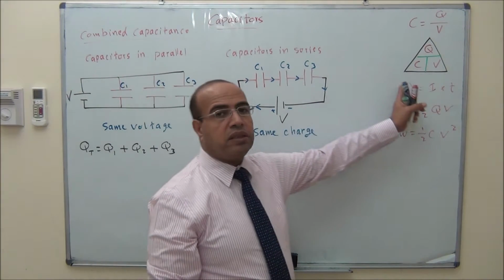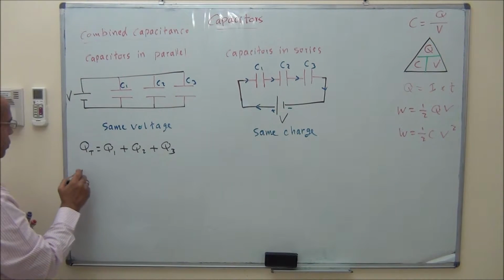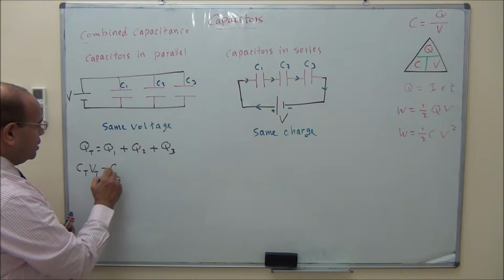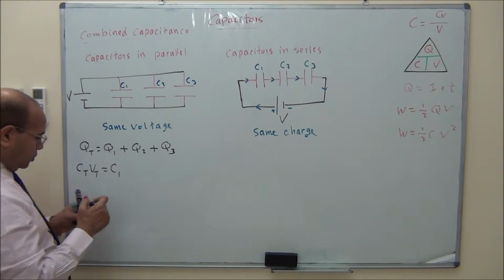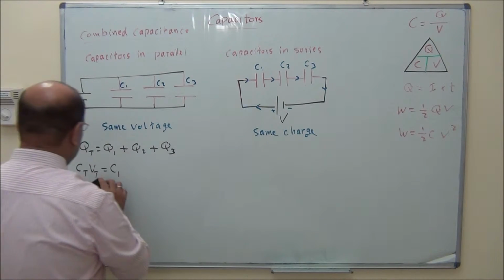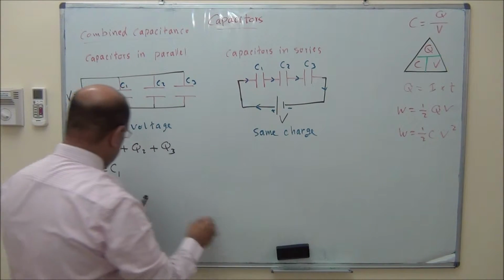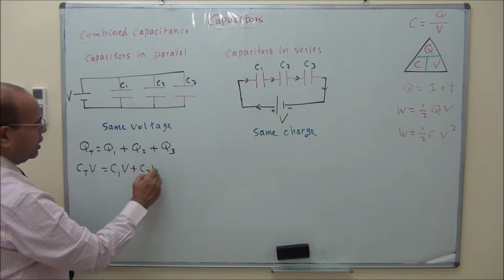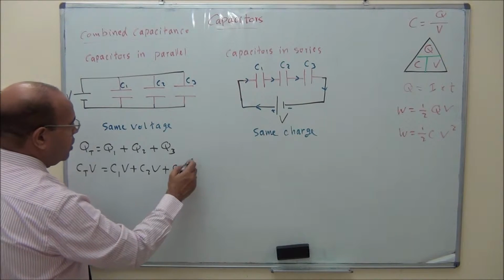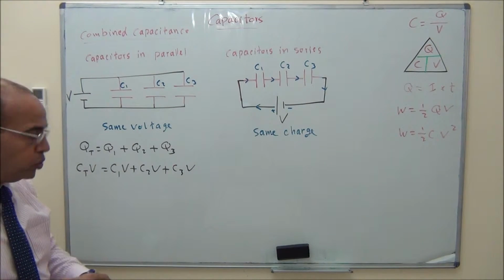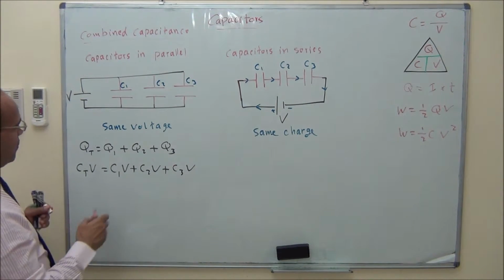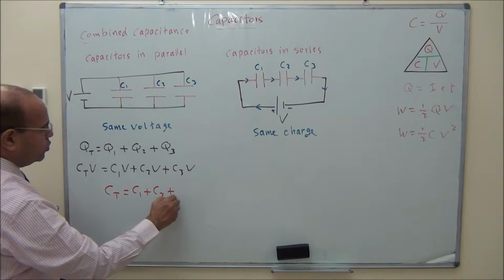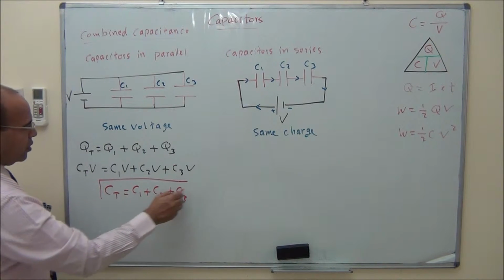What is Q? It is C times V. So Q total is C total times V total. Q1 is C1 times V, because V total is the same, so we don't need to write V total, just V. Q2 is C2 times V, Q3 is C3 times V. We cancel V with V with V to get the formula in case of parallel: C total equals C1 plus C2 plus C3.